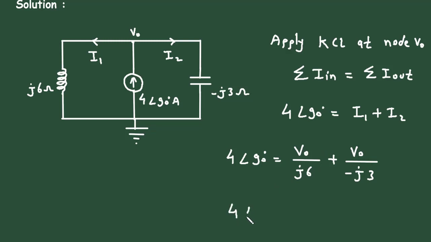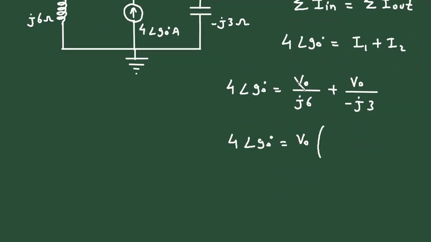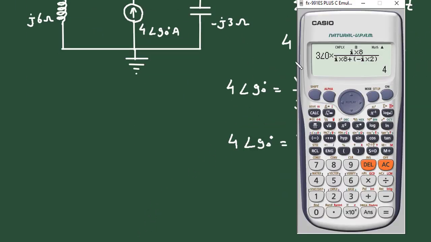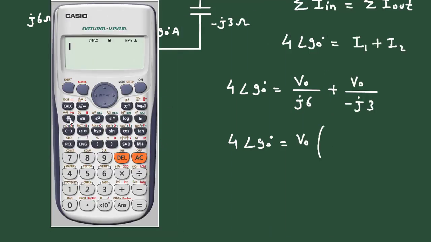So it will be 4 at an angle 90 degree is equal to VO in bracket. We can take this VO common. So it will be 1 upon J6, 1 upon J into 6, then plus 1 upon minus J into 3.